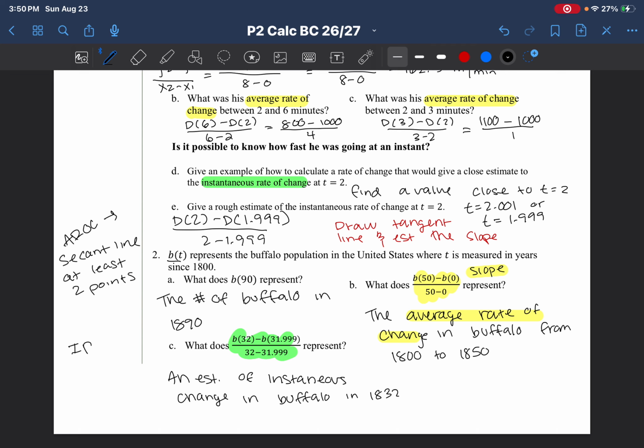And then we have IROC, or instantaneous rate of change, which is approximated by using the tangent line, and we only need 1 point to estimate it. Okay, so just color coding it with the rest. Instantaneous rate of change, that's the green. That's finding a value very, very close to the instant and where it happened. And average rate of change, or AROC, is us finding the slope.